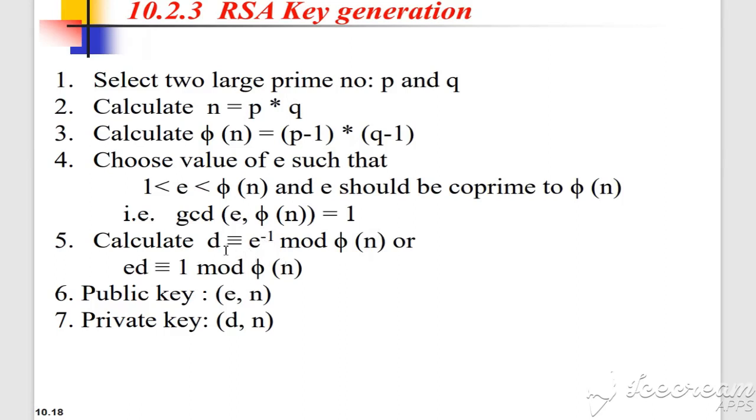With this equation we can calculate the private key and the public key. After following these steps, we get the public key and the private key, E comma N and D comma N. The public key is used on the encryption side to encrypt the data, and the private key is used to decrypt the corresponding data.